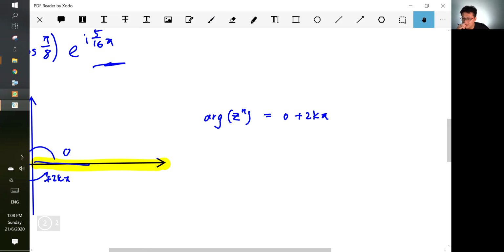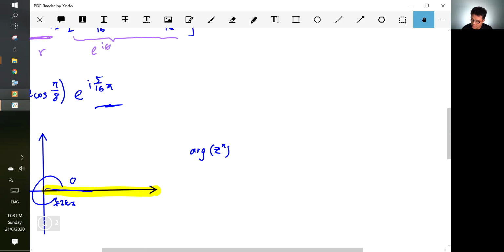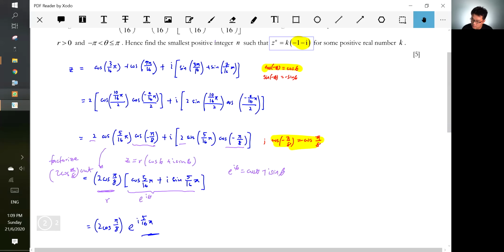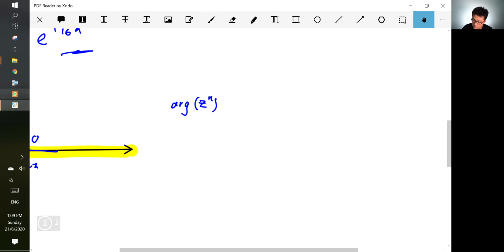The smallest is such that this one, oh sorry, no, I interpreted wrongly. They want the argument of z^n equal to this one, positive real k. No, they're referring to k, not the z, my bad. So you take the argument of both sides.